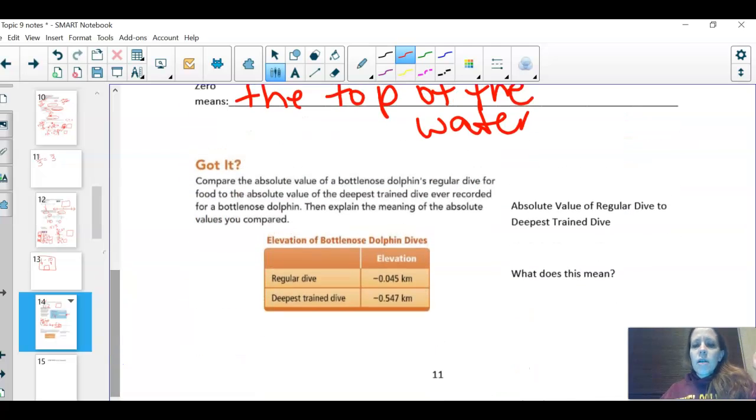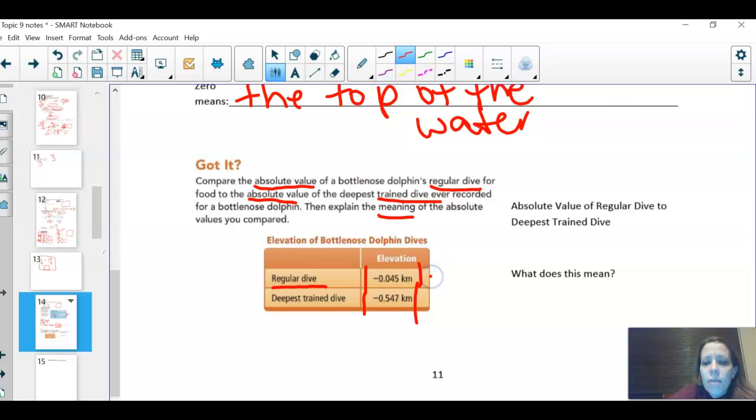So let's look at just this last one. It says compare the absolute value of a bottlenose dolphin's regular dive to the absolute value of the trained dive. Yo quiero valor absoluto de esto. Y entonces yo quiero el significado.